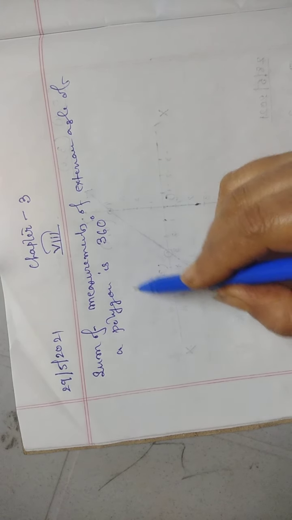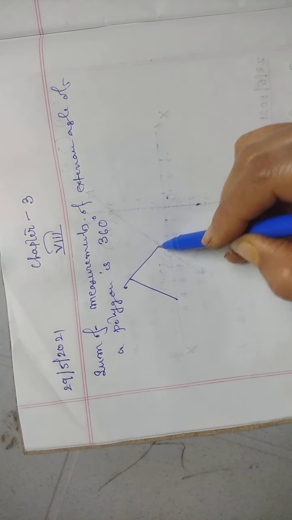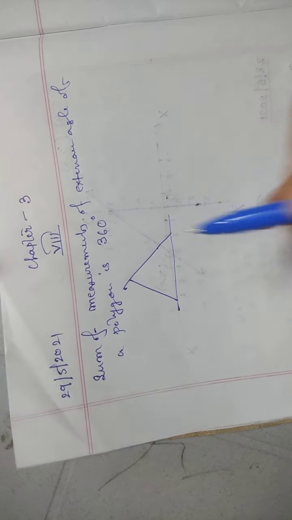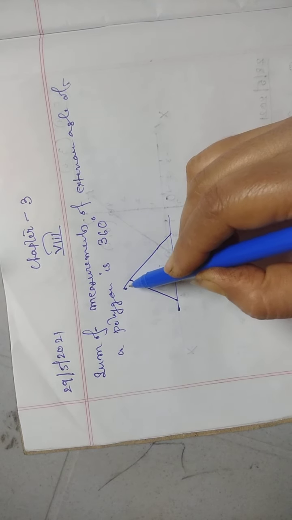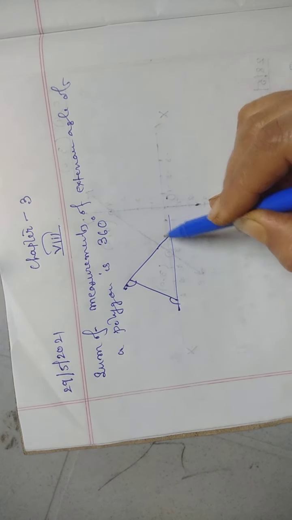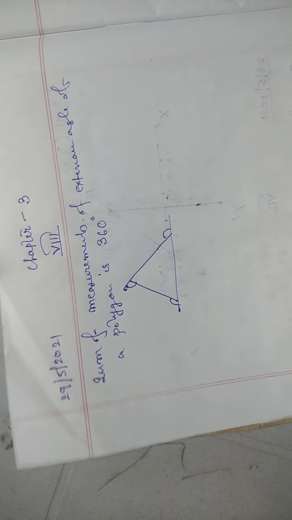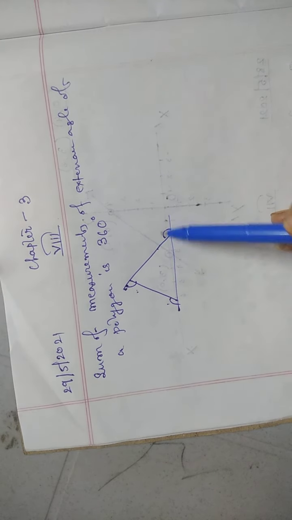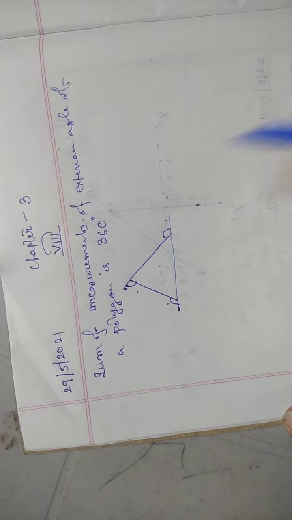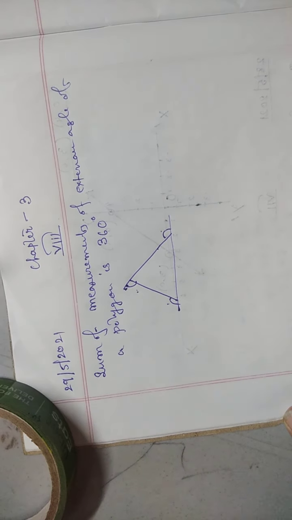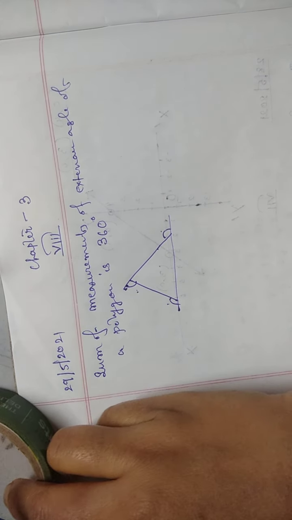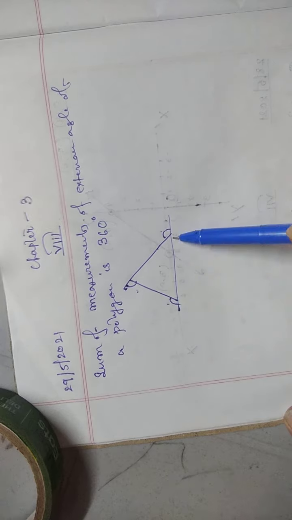Okay, that means if it is a triangle, then these angles are the exterior angles. So the sum of the three angles is 360 degrees. Okay, the sum of these three angles is 360 degrees.